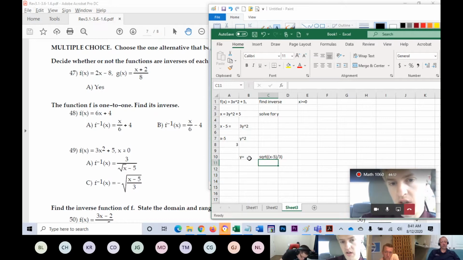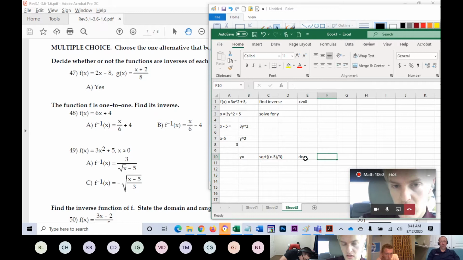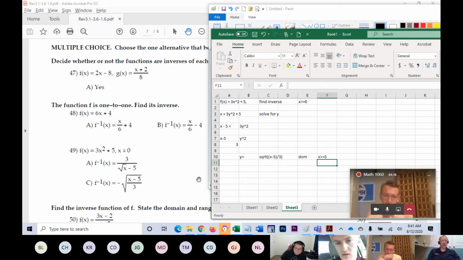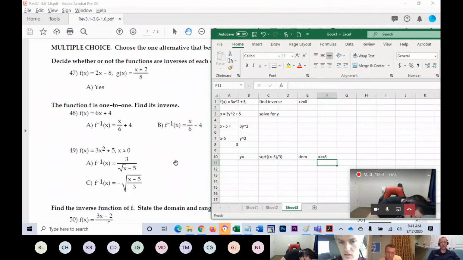So then we know that inside the x minus 5, it has to be 5 or greater, right? Oh, that's a good point. So your domain is x greater than or equal to 5. Now I don't think it asked you for the domain, did it? But that's good to know.